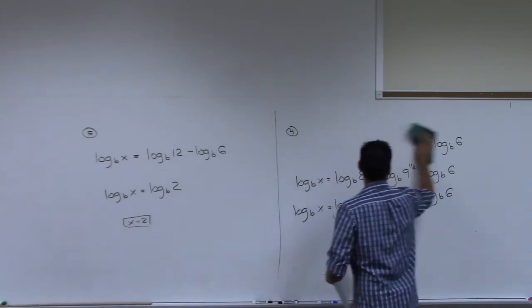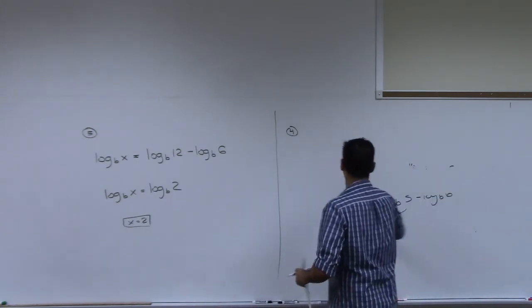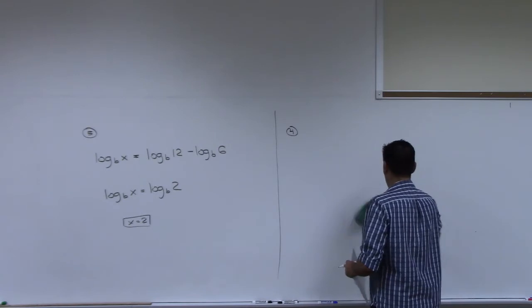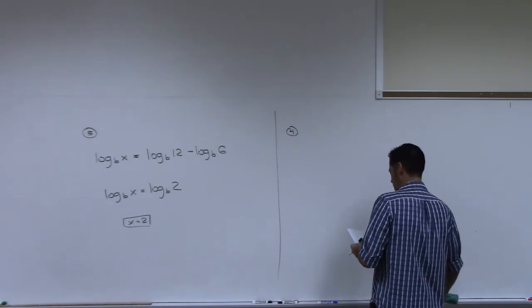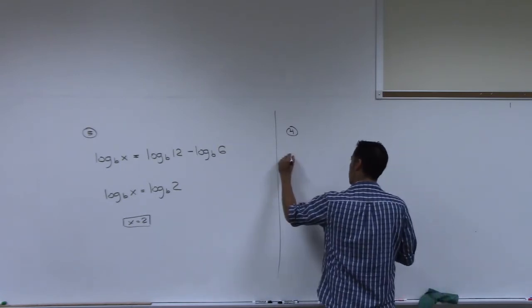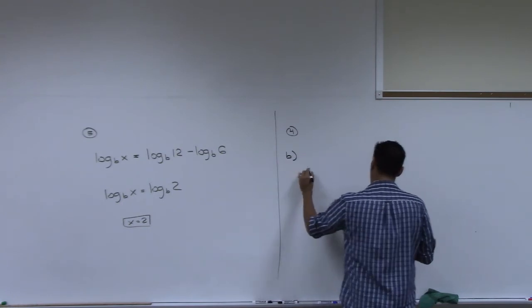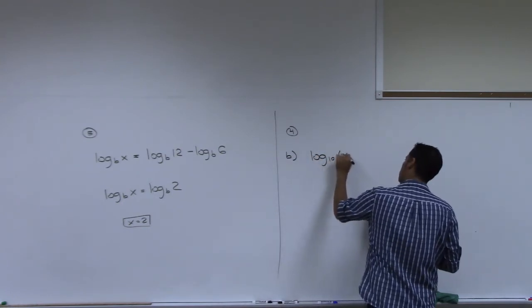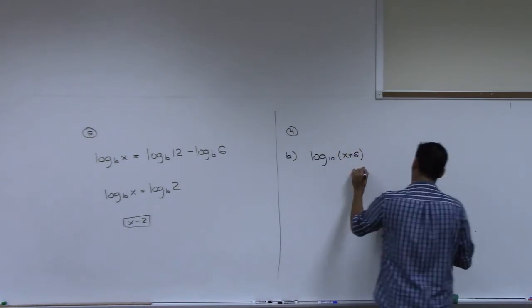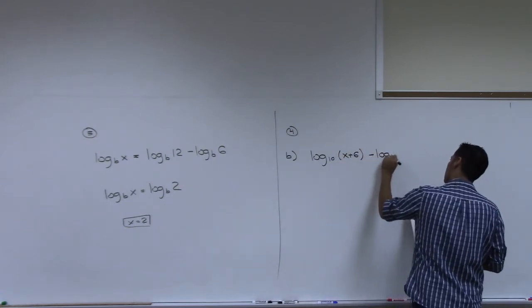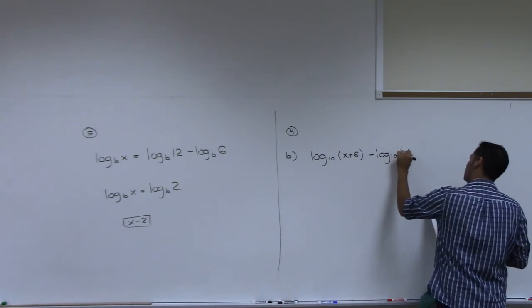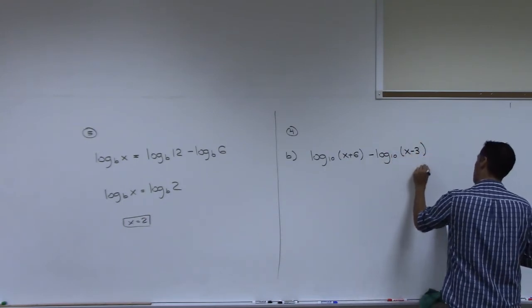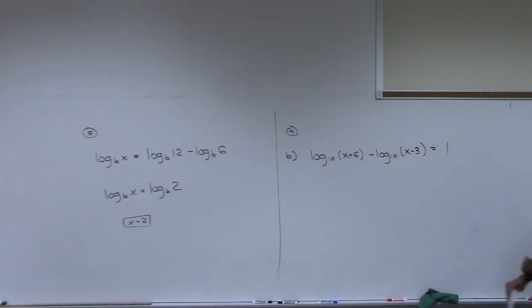4b, sorry. 4b, you have log base 10 of x plus 6 minus log base 10 of x minus 3 equals 1.